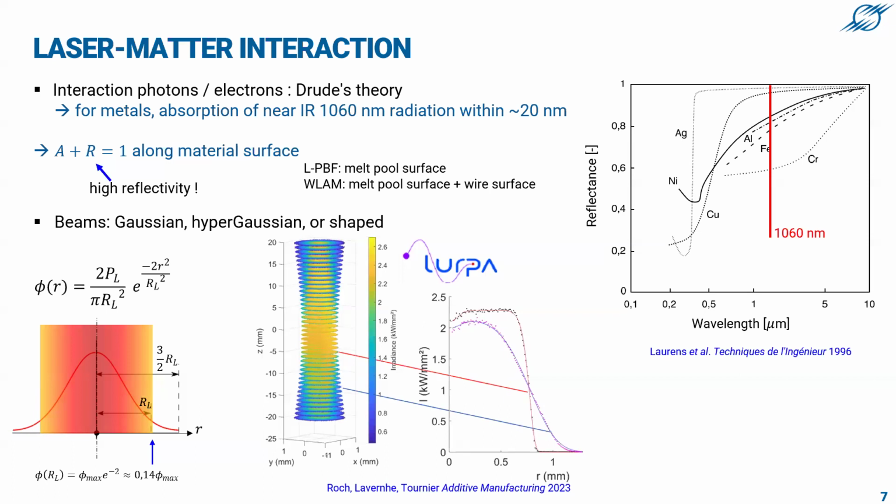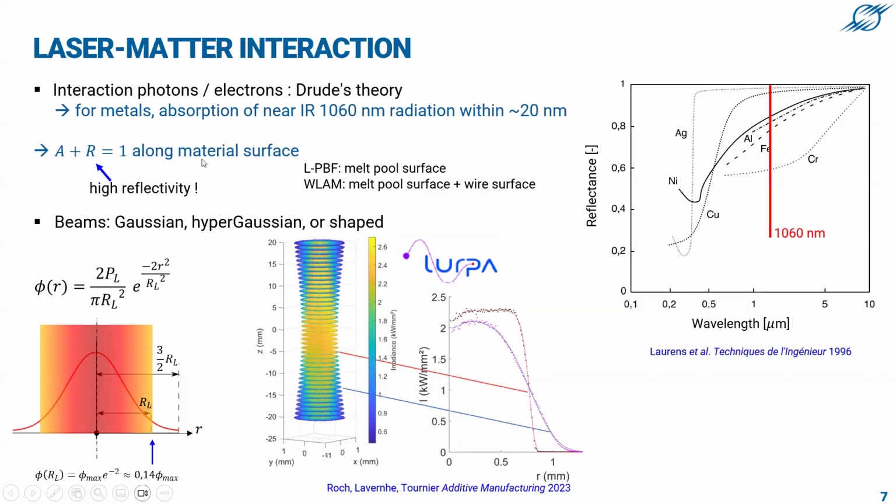So there is no transparency of the material to this kind of radiation. So along the material surface, we will have absorption plus reflectivity equal 1, no transmission through the material.